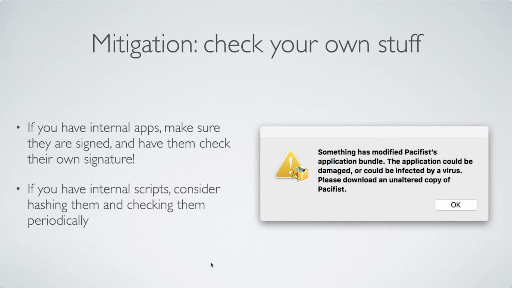It does it once and then never again. So if your app checks its own signature, then that is a good mitigation, if it can warn the user or refuse to run, so that it wouldn't run the malicious code. Now, there are some gotchas there.